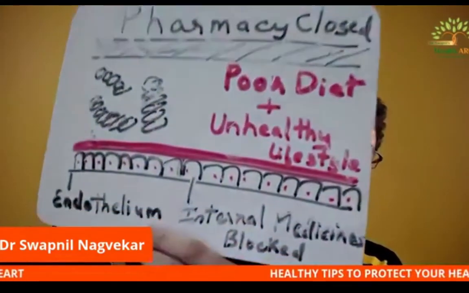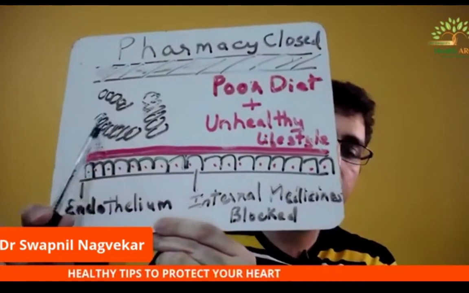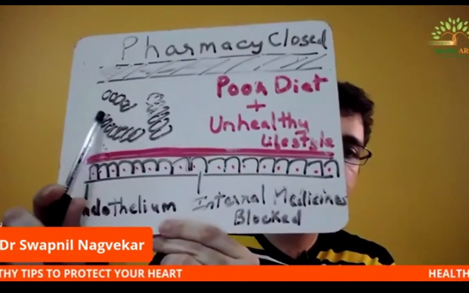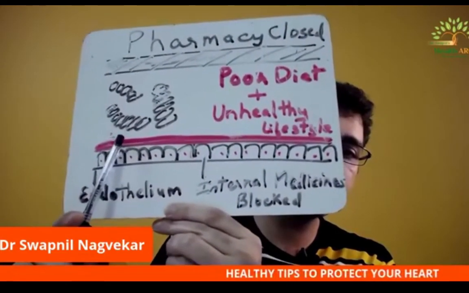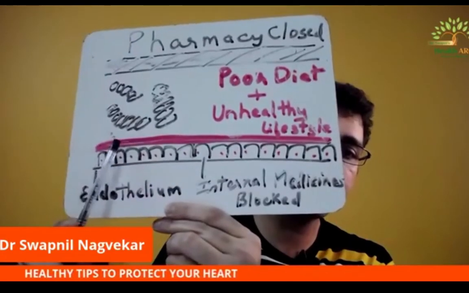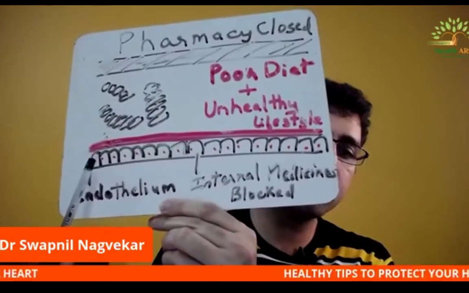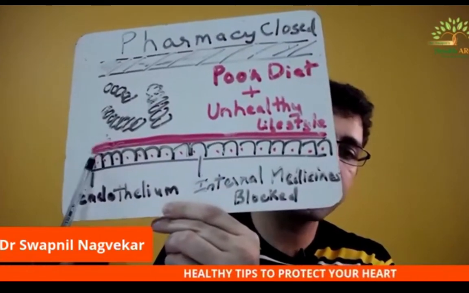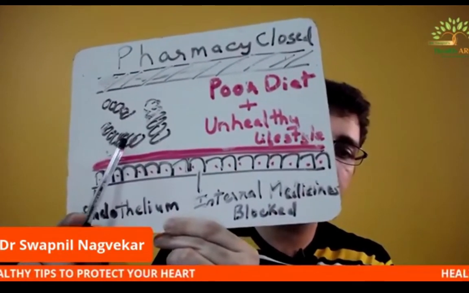Now what will happen if you have a poor diet and an unhealthy lifestyle? This is what happens: you have clotting of blood cells. This red thing which I mentioned is what happens when you have a poor diet, the sticky substances get accumulated here. So the chemicals from the endothelium will not be released, the nitric oxide is not released, so the clotting of the blood factors will happen here.